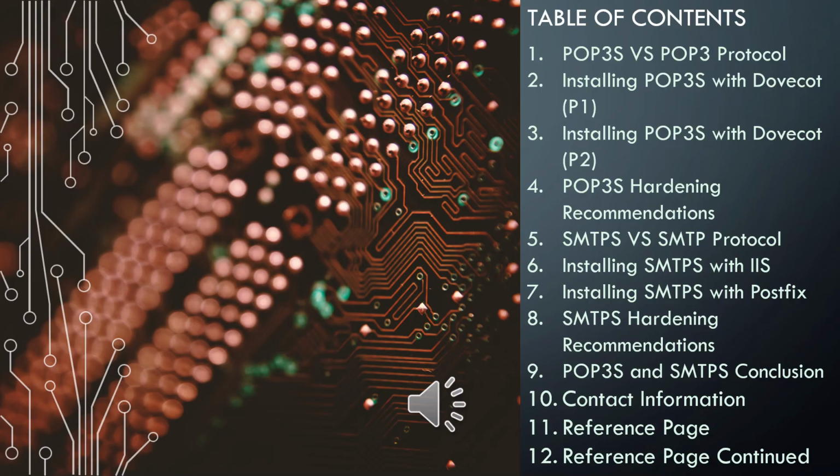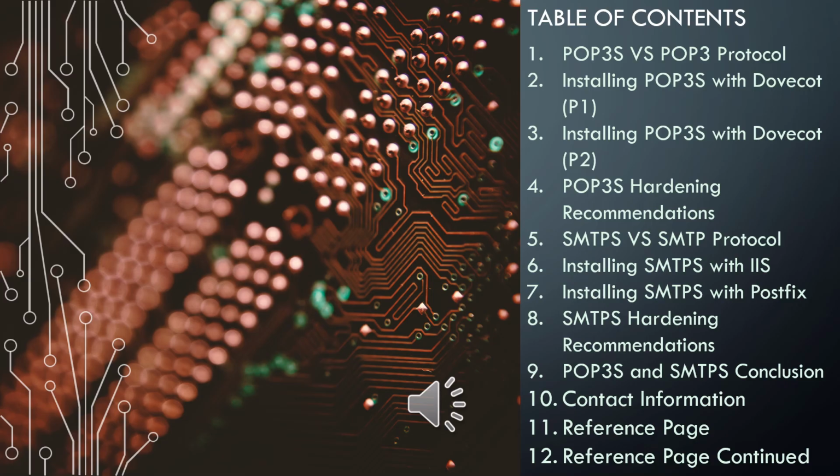Here's an overview of what we will cover. We'll start by comparing POP3 and POP3S, then walk through the steps to install and configure POP3S with Dovecot. Next, I'll share some hardening tips. After that, we'll do the same for SMTP and SMTPS, including configuration using IIS and Postfix.